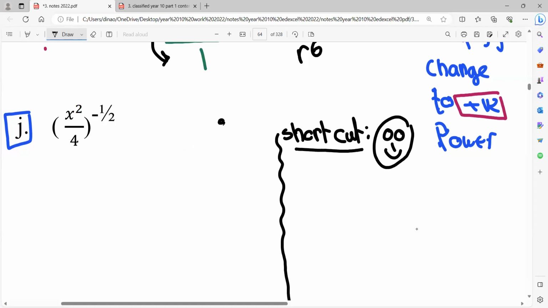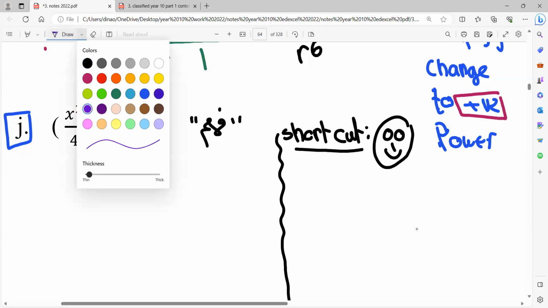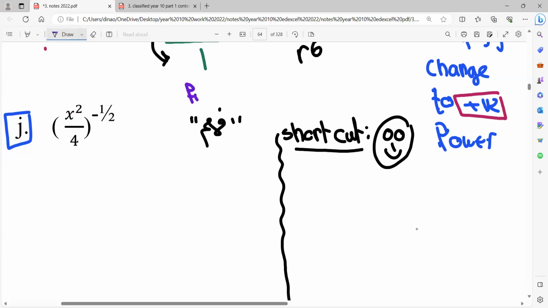I'm explaining this just for understanding, so you know what is happening. As you can see, we are dealing with fractions that have negative powers. I'm going to first explain what we do in this case, and then we will definitely use the shortcut later on.